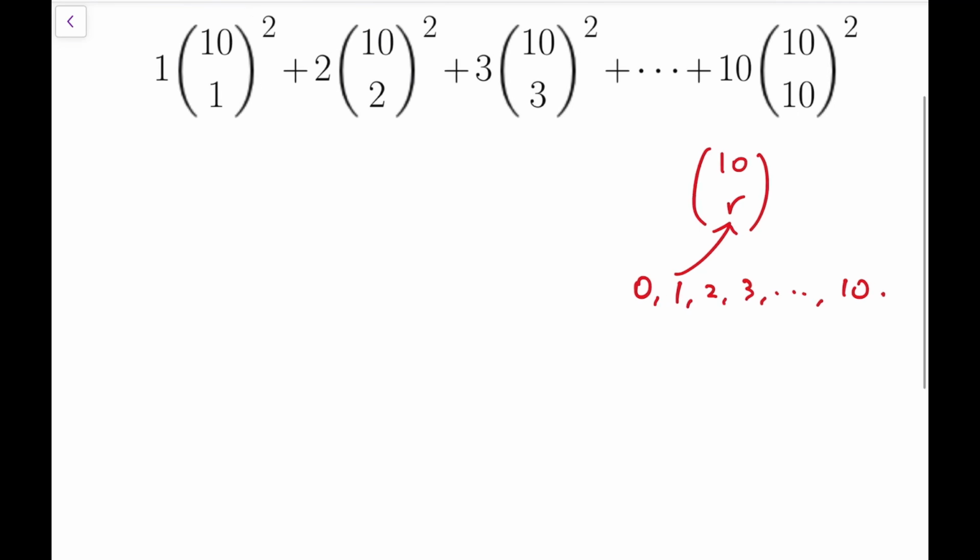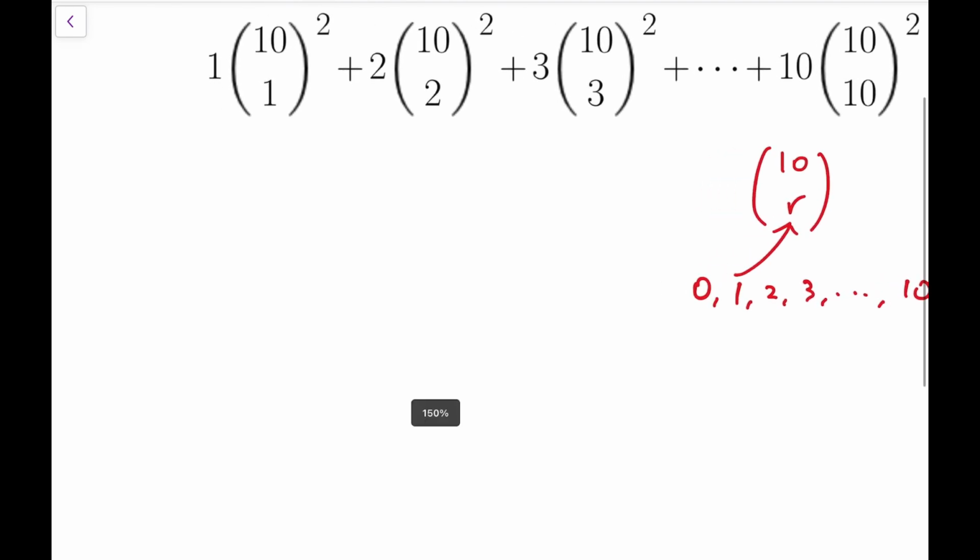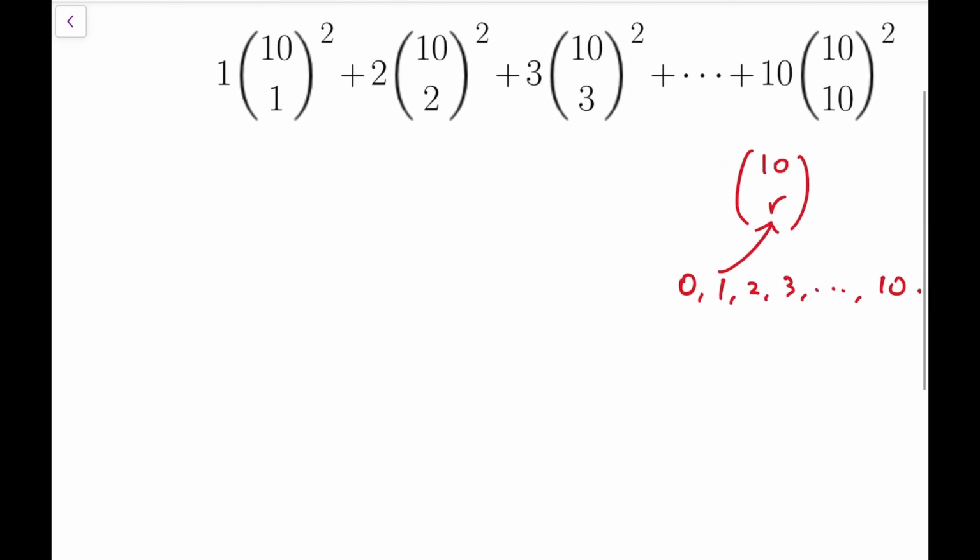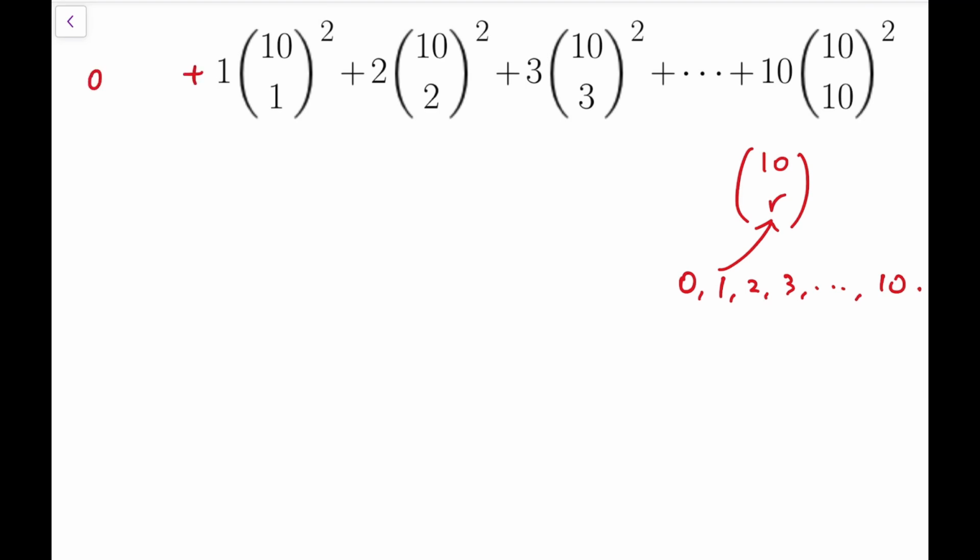So my first trick is to add a term before our original sum, which is of similar form but includes 10 choose 0. So it's going to be, looking at the pattern, 0 times 10 choose 0 all squared.